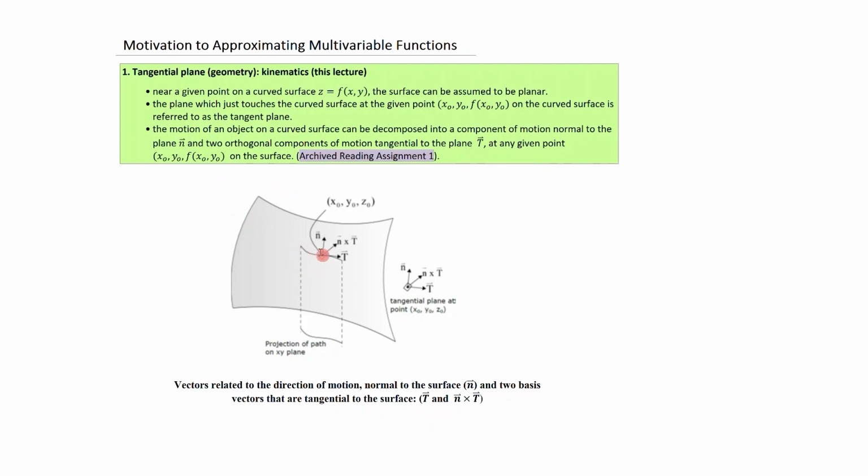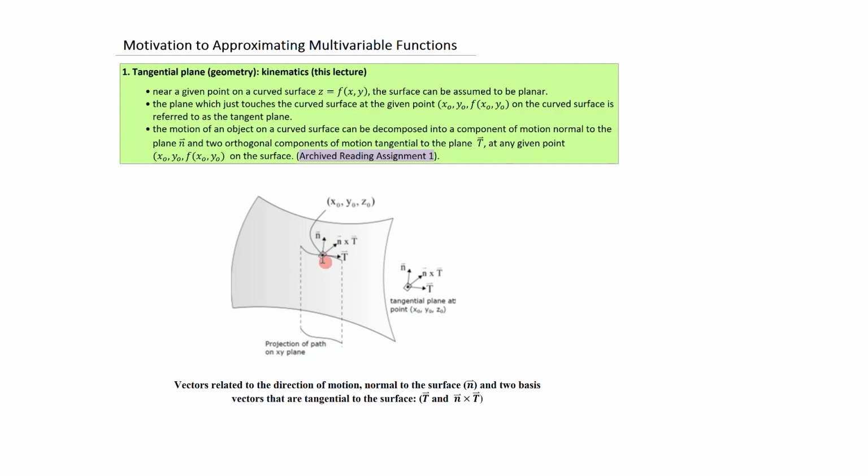If you look at this diagram, here's the motion of the object, presuming for the time being it's some motion. The vector that's parallel to the direction of motion is the unit tangent vector. The normal vector, n, is normal to the surface. This one is defined by the surface, but we need one additional vector to define motion in 3D.